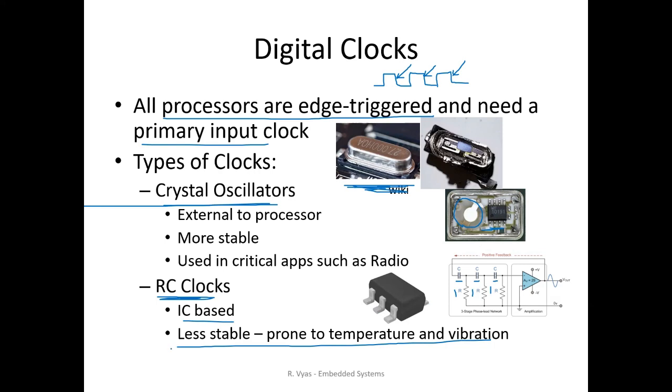So you use it where you don't need very precise timing, like the capacitive touch interface on your phone, the infrared sensor, the light sensor, or mechatronics and mechanical control, where you don't need really fine timing precision. For that, you use RC clocks because it's internal to the IC and pretty easy to tune. Questions?